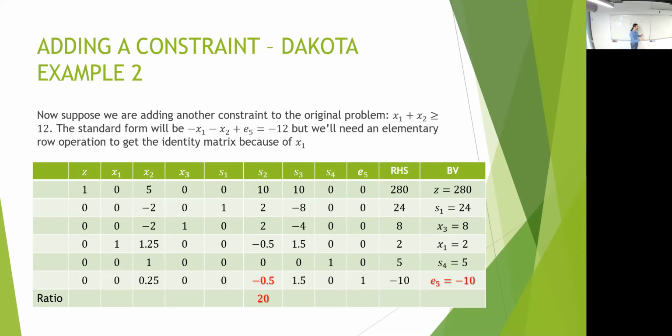As I said earlier, normally over here we would have 1, minus 1, because we have minus 1 for this one, and minus 1 for x2, and plus 1 for e5, and minus 12 for the right-hand side. Normally this is what we have. But we cannot have a minus 1 over here, because this has to be part of the identity matrix, as this is 1 and everything else is 0. So we just add this row to the row over here. So we get rid of this minus 1, and it turns into a 1.